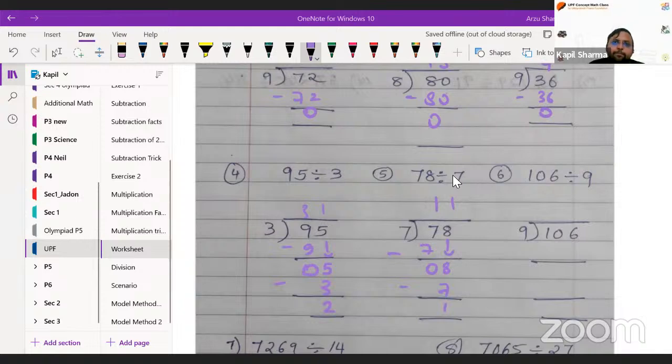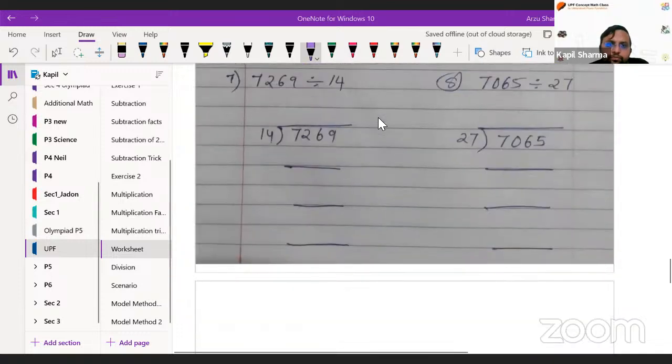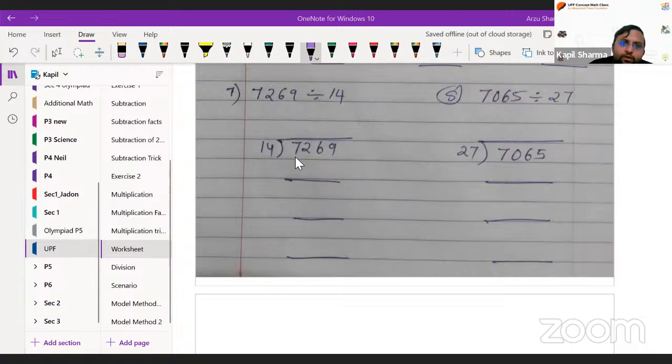Yes, guys, next one. Okay, Yashika. Correct. 11 and 7. Yes. Okay, this one. Yes, Swastik. Come on, guys. Do it quickly.